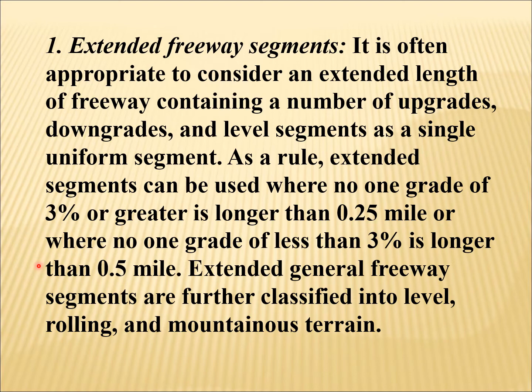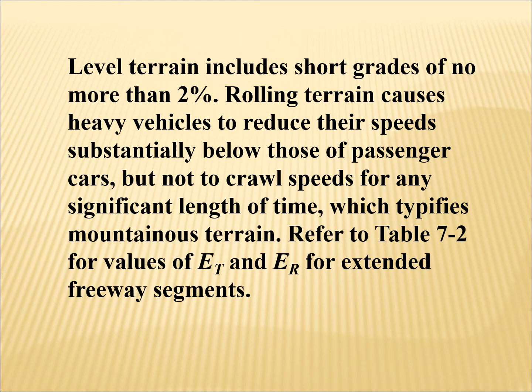Extended general freeway segments are further classified into level, rolling, and mountainous terrain. I'm sure that these classes, level, rolling, and mountainous terrain, are not new to you. Level terrain includes short grades of no more than 2%.